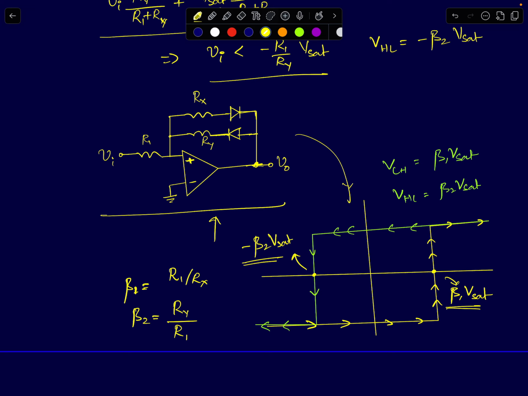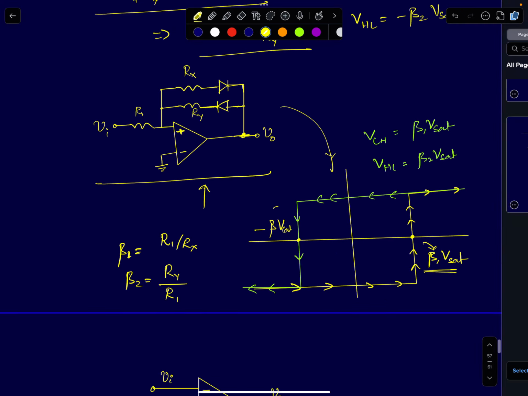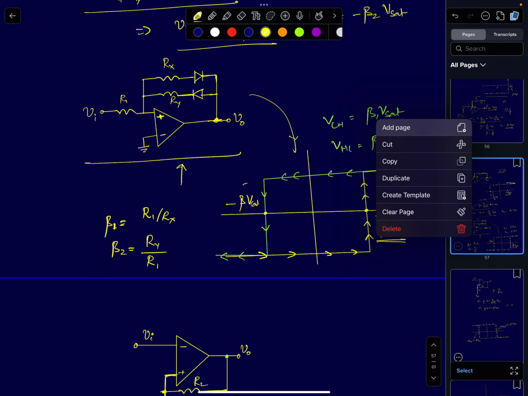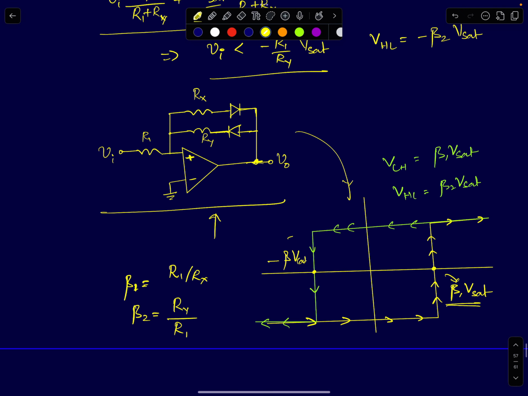Let's start with a symmetric characteristic. Let's assume this is minus beta Vsat.